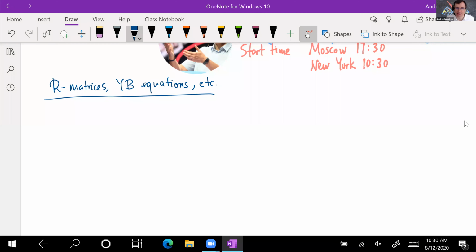So the setup is the following. Say we have a one-dimensional torus action. It'll be more than one-dimensional in a second.